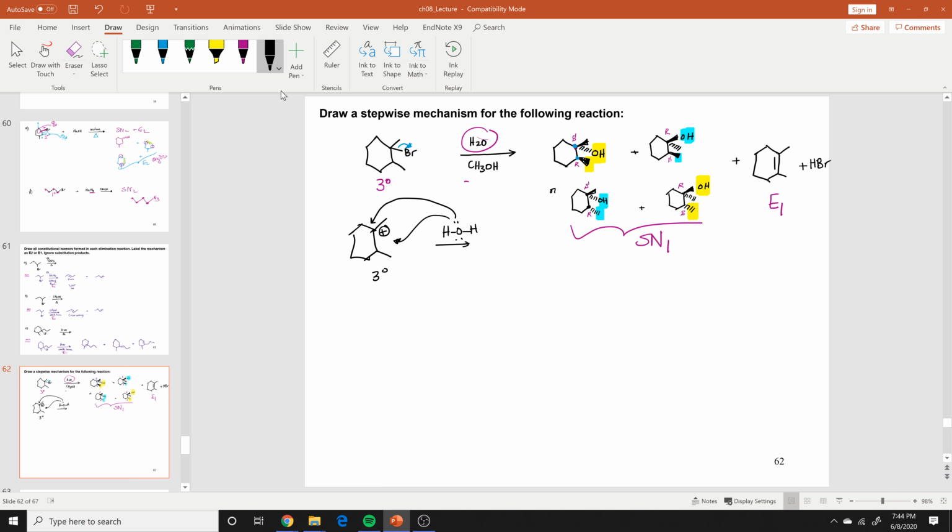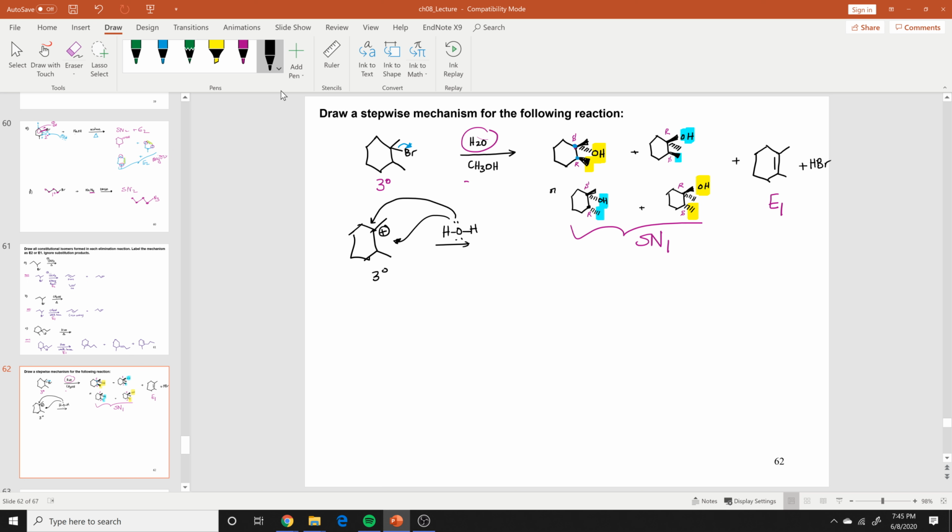It doesn't matter the terms. So if water attacks from behind, then that is going to be it. If water attacks from the top, then that's going to be it. And remember that if water attacks from behind, then this CH3 is going to be in front, and vice versa.